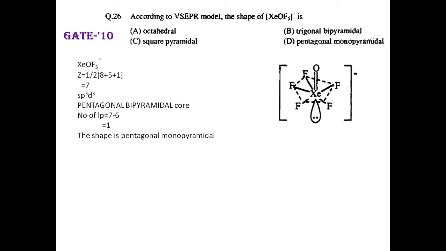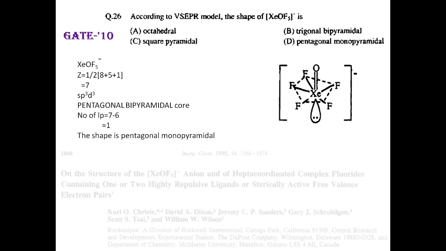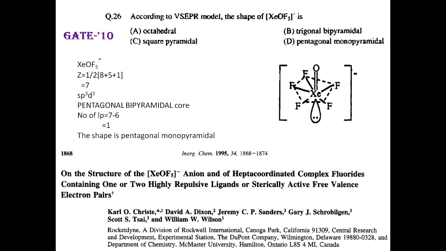Again we cannot visualize the lone pair, so that will be pentagonal monopyramidal. Option D will be the answer. This one was also published, in Inorganic Chemistry in 1995. You may see those journals. If you need those papers, you may ask in the comment box, I will provide them.